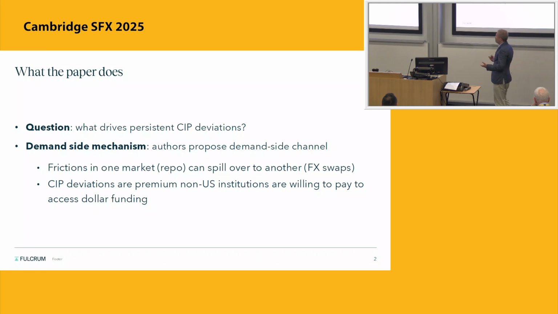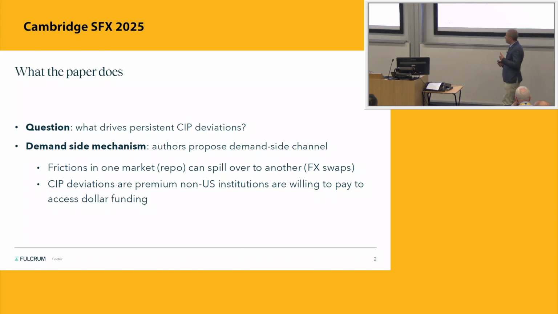So the authors propose a demand-side channel in which frictions in one market, the wholesale repo market, can spill over to another market, i.e. the foreign exchange swap market. And they interpret the findings as CIP deviations as a premium that non-U.S. institutions are willing to pay to access synthetic dollar funding.